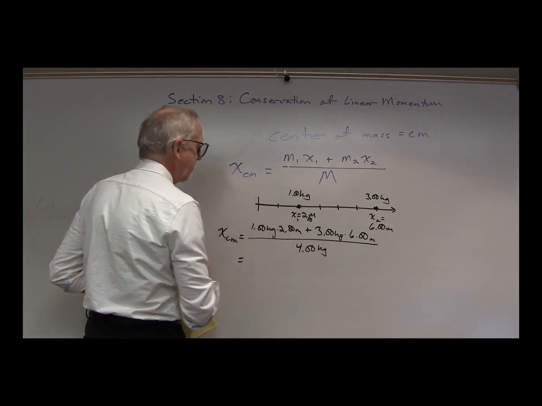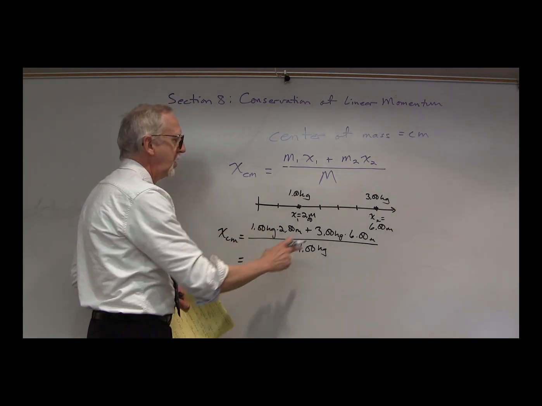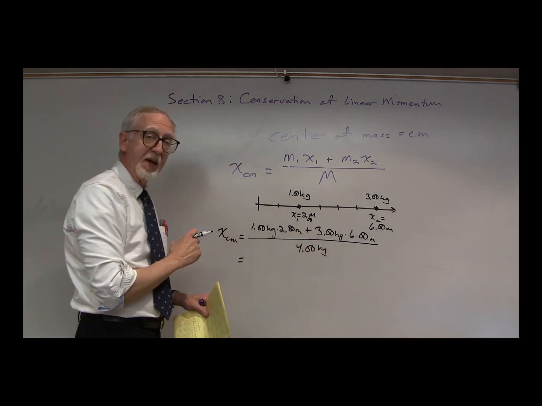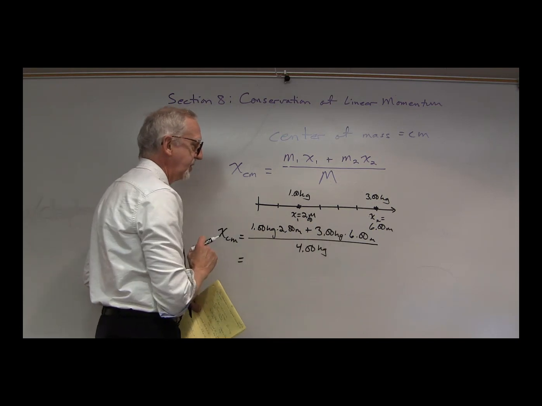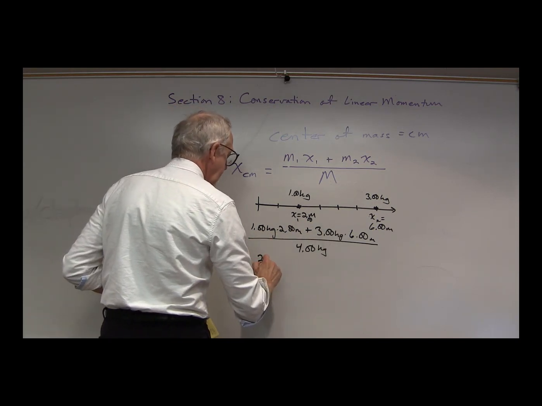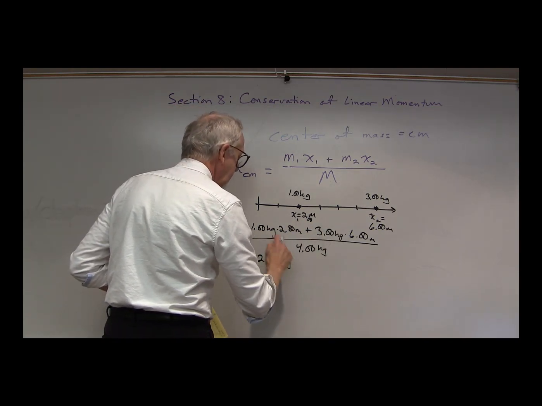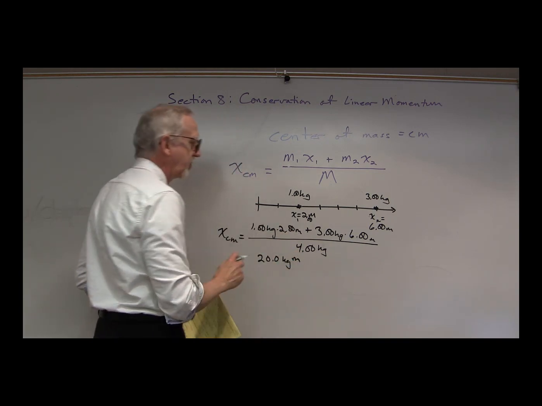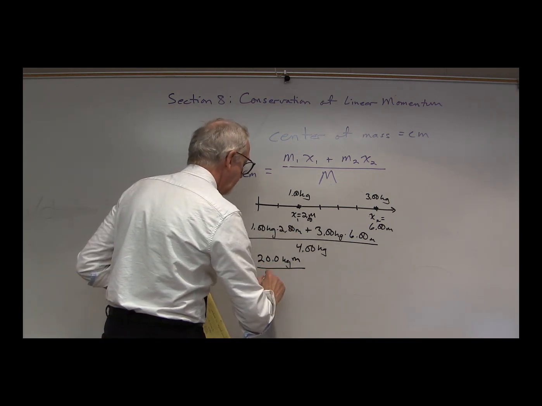All right, so what does this give us? Well, 1 times 2 is 2, 3 times 6 is 18, 2 plus 18 is 20. So in the numerator, we're going to have 20 kilogram meters, divided by 4 kilograms.